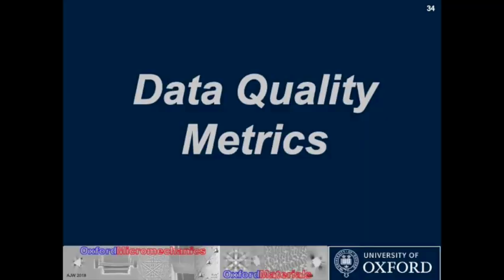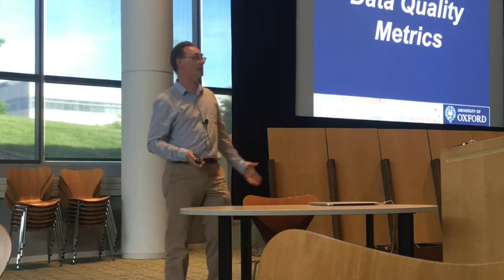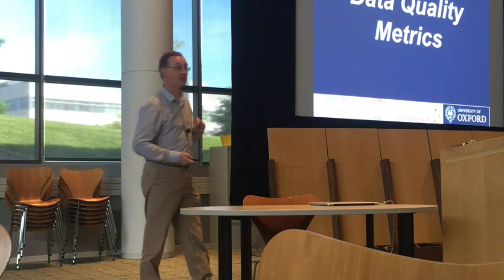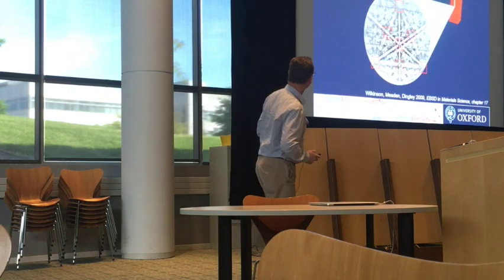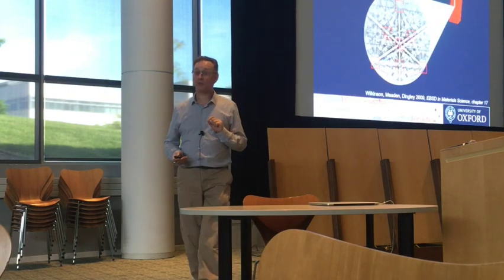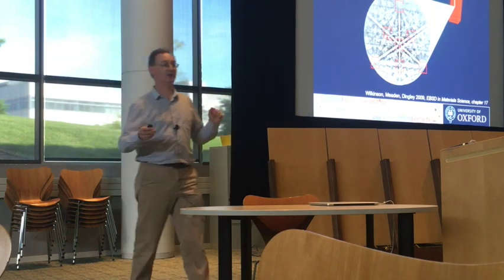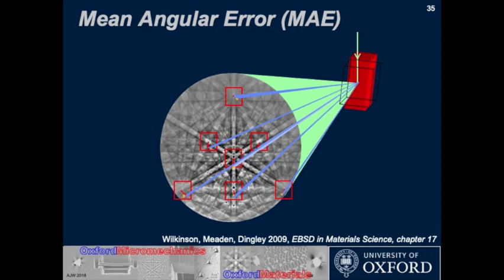We also get some data quality metrics. We're going to make lots of measurements. We don't want to be worried about the individual points in here. We need some measure of how well we're doing all the way along. And so we have something that's akin to the mean angular deviation, or I forgot what it's called in the other bits of software, the mean angular error. So we make measurements of these shifts at lots of places.